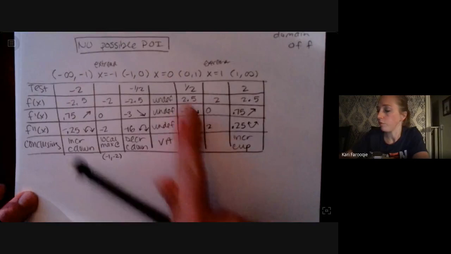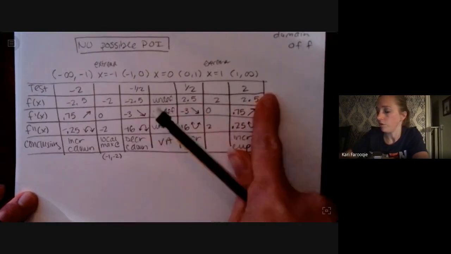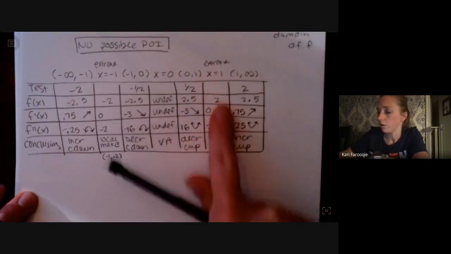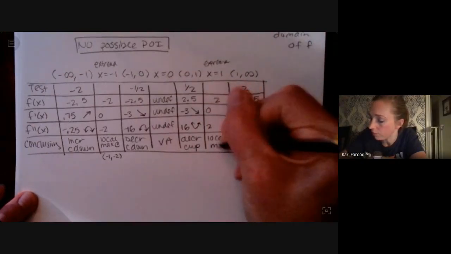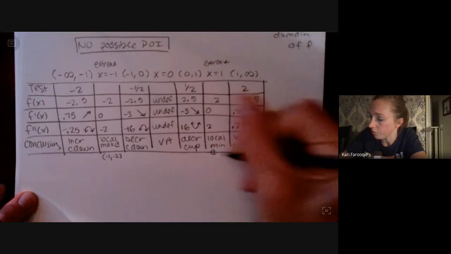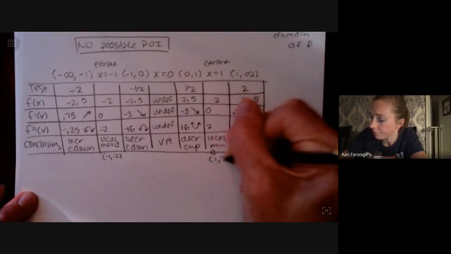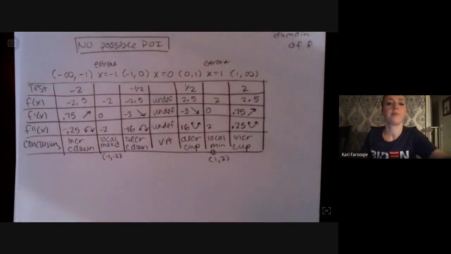And we went from decreasing to increasing at 1, 2. So that means we must have a local min at the point 1, 2. So x, f of x.